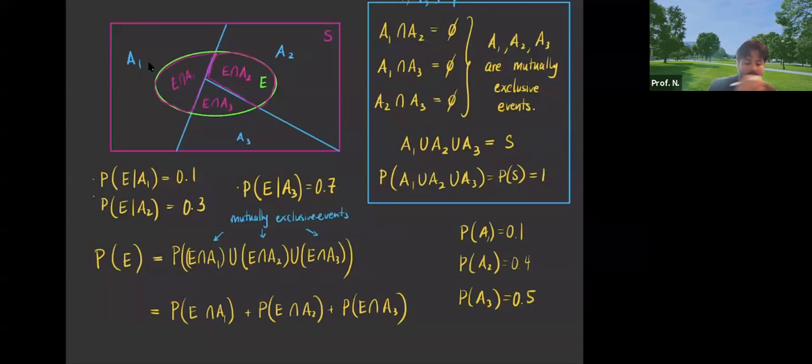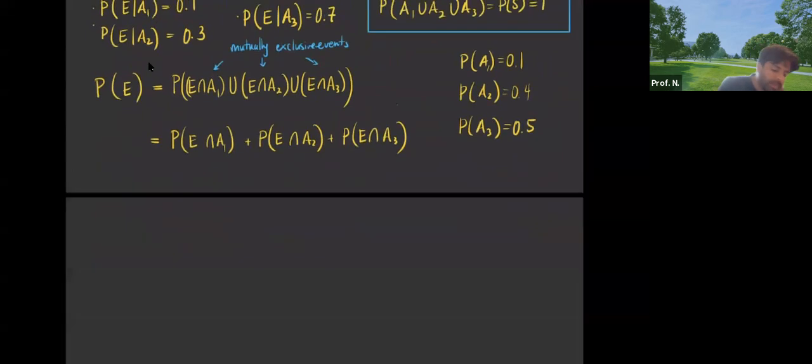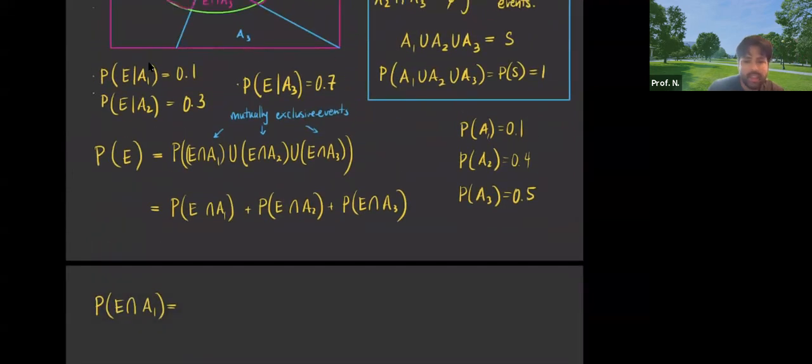They're mutually exclusive, so I can just add up when I have the union. Now the question becomes, what is the probability of E intersect A1? How would you find it?